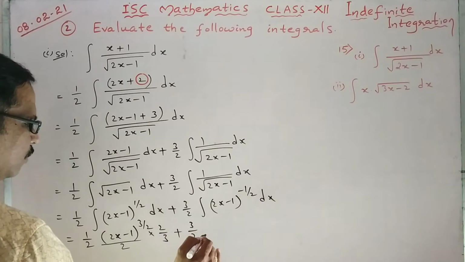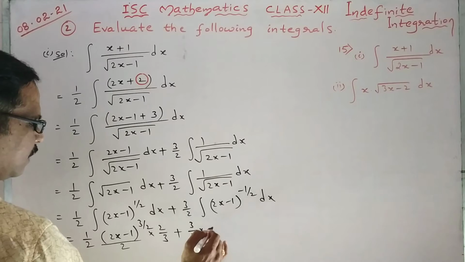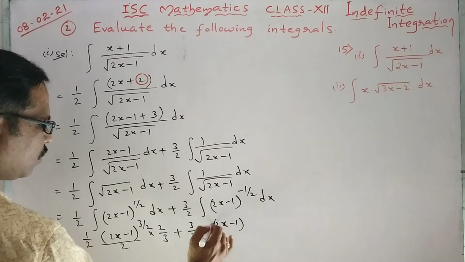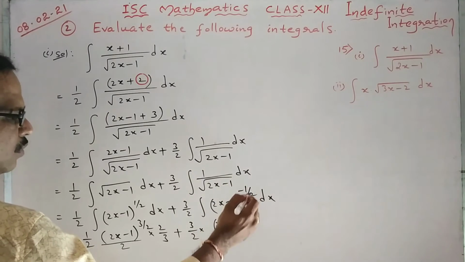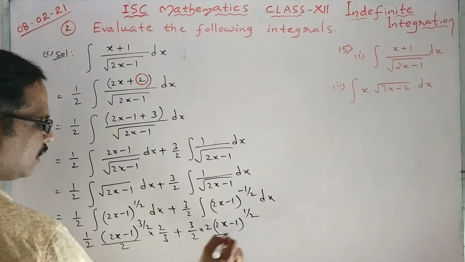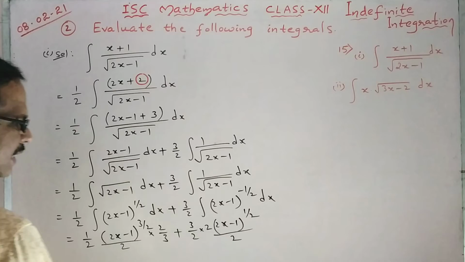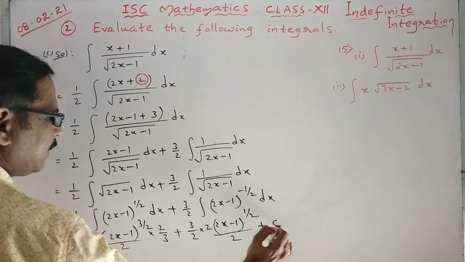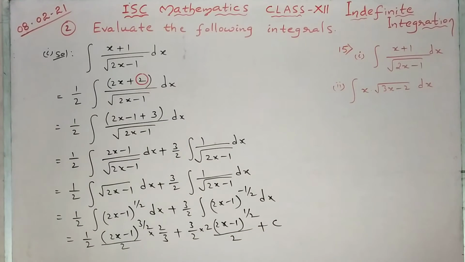Plus 3 by 2 into (2x minus 1) whole power minus 1 by 2 plus 1, means half. So this will be 2 by 1, and the coefficient of x is in the denominator. Use the x power n formula: x power n plus 1 by n plus 1. Here also the same, but don't forget that the coefficient of x should be written in the denominator.